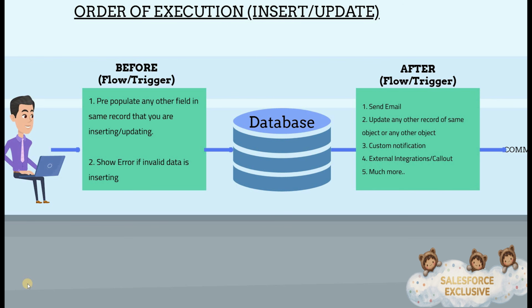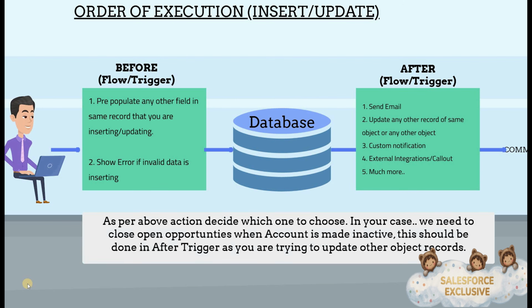Anything else other than these two should go to after. Something like sending of email, updation of any other records into any other object, customer notifications, callouts, and much more. As per the above action, decide which one to choose. In your case, we need to close open opportunities when account is made inactive. This should be done in after trigger as you are trying to update some other object records.